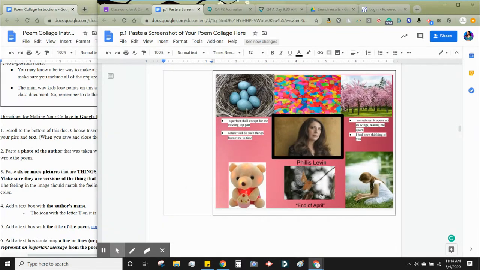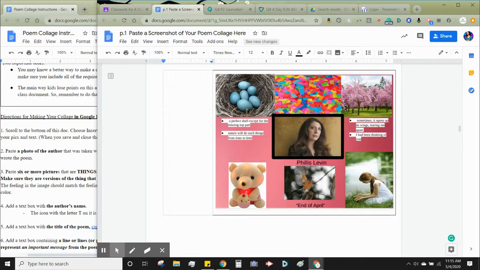Here's an example of a poem collage that has a couple errors I want you to avoid. One is this student pasted too much of the poem. This is more than 10 words. Here, this is a picture that goes with the feeling of the poem emotionally, but this is not a specific object mentioned in the poem.